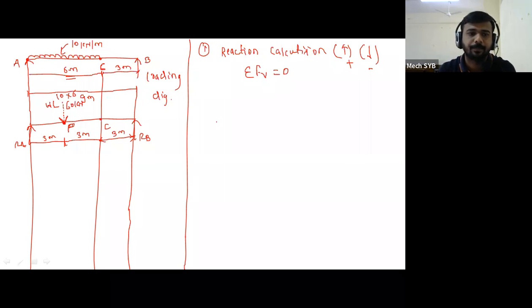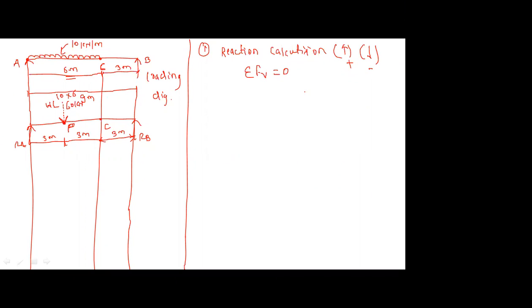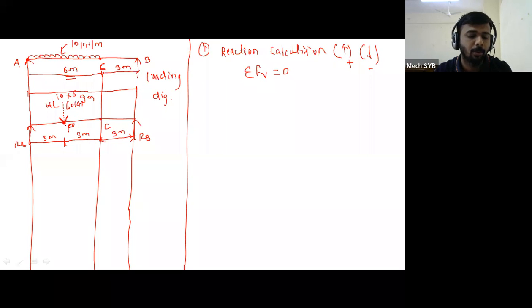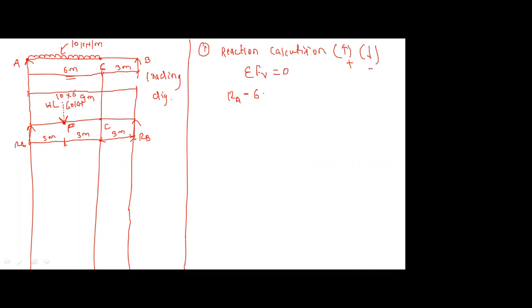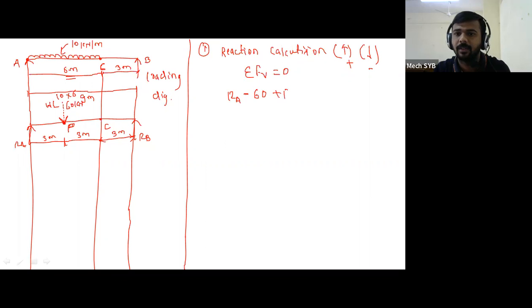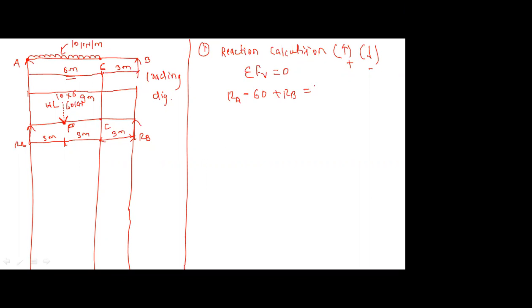Now tell me, how many forces are there on the beam? 3 forces. Out of that, 2 reactions and 1 point load, which is the UDL converted into a point load. Then RA is moving upward, therefore RA positive. Minus 60, and plus RB, is equal to 0.